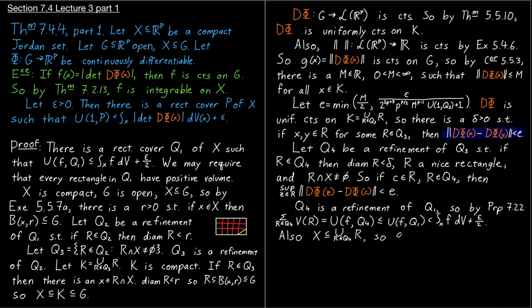So phi of X, the image of X, the set we're trying to show is Jordan, is contained in the union of the images of the rectangles, one piece of notation for each rectangle in Q4. Let's pick a point.